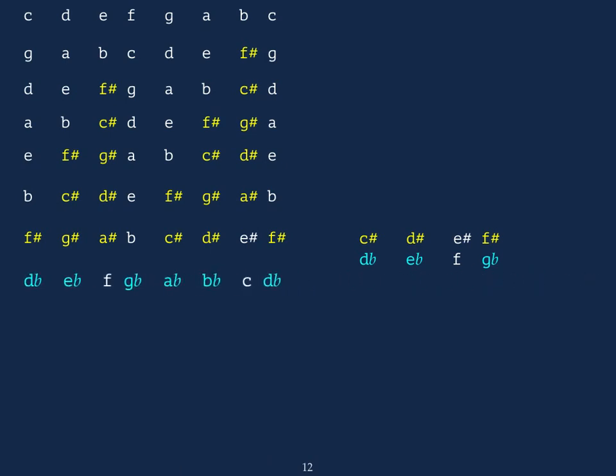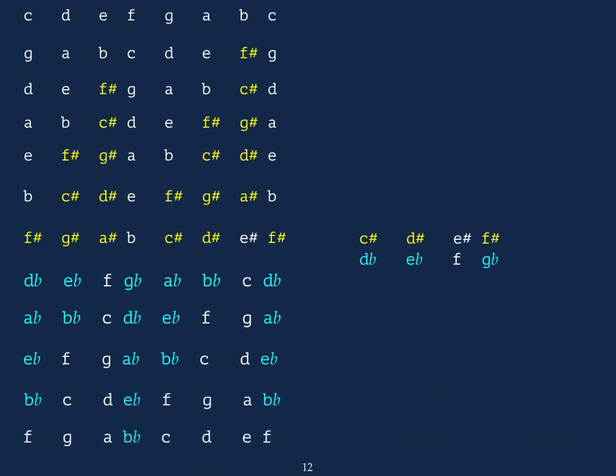And we'll use that one next. And now we can see how the pattern continues to A flat, to E flat, B flat, and finally F. So there we have all 12 scales. That completes the whole set.